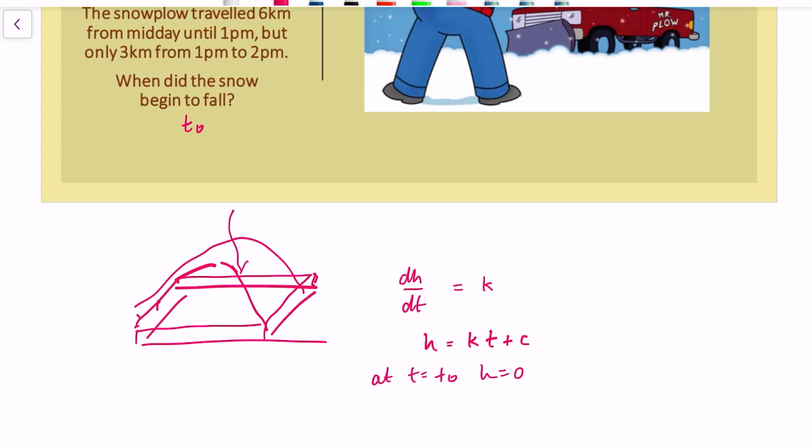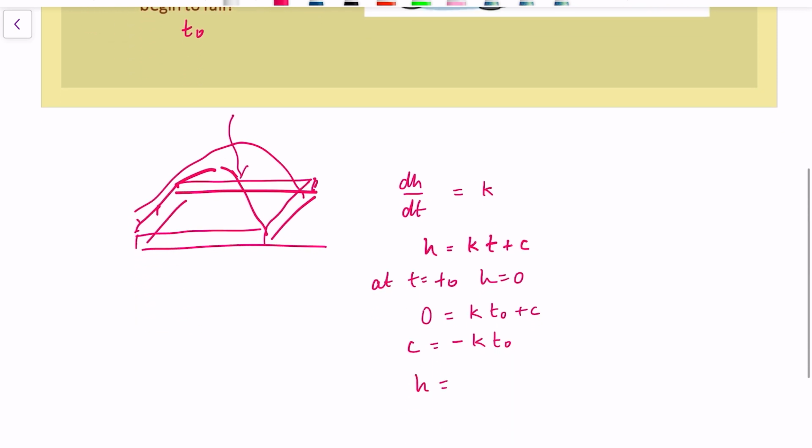So if we sub that information into this linear equation, we get that c is equal to -kt₀, so the height function is kt - kt₀, which is k(t - t₀). So that's our first equation which we're going to use. That's how the height of the snow depends on time.